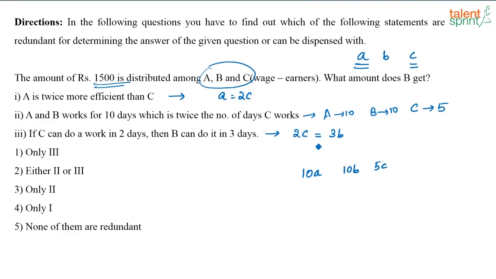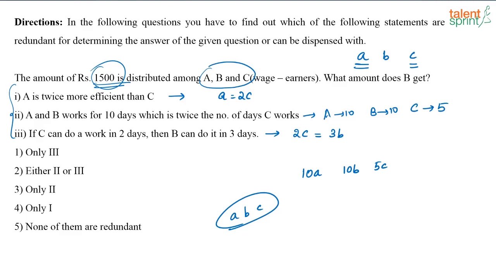So you have to find the relationship between A, B and C and represent the given information in terms of any one, and then you can find out how to split this 1,500. For that, all these three statements are required to arrive at the answer. You cannot do away with any one statement.